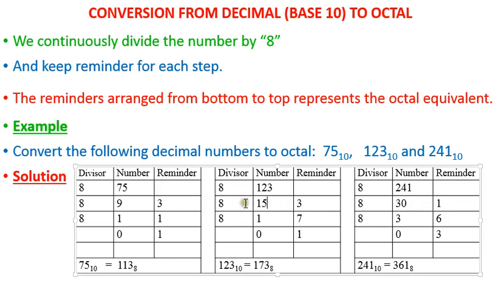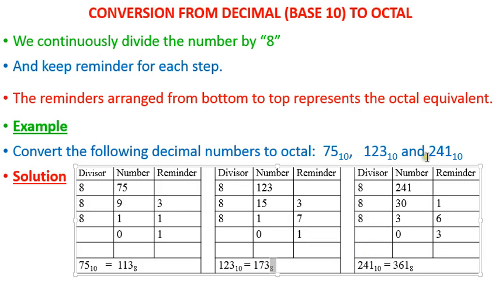Now you say 15 divided by 8, and if you do that, we'll have only 1 eight here. And if you take 8 out of this 15, you have a remainder of 7. Then you say 1 divided by 8, of course, 8 cannot enter 1, you leave 0 here, and the remainder should be the 1 itself. Then arranging from bottom to top, I have 173 base 8 equivalent to 123 base 10.